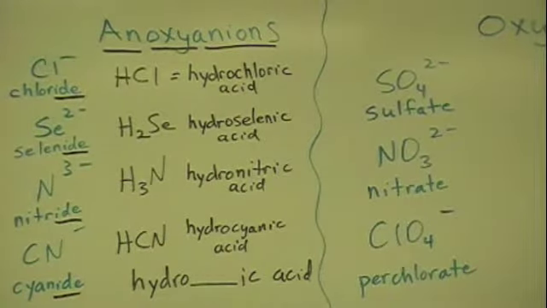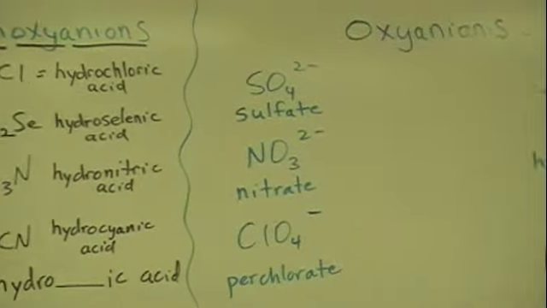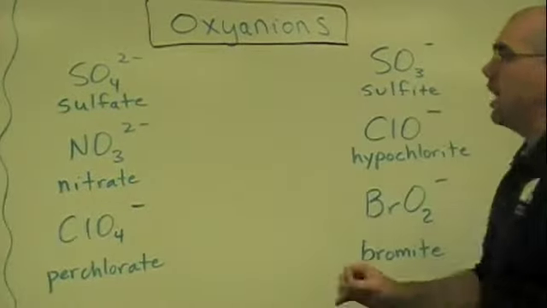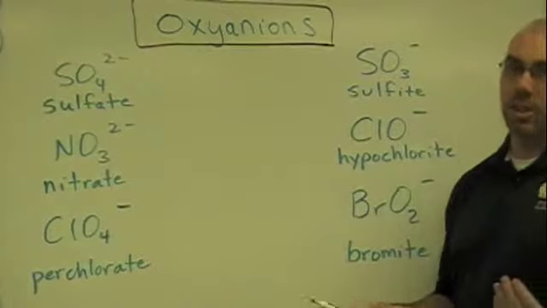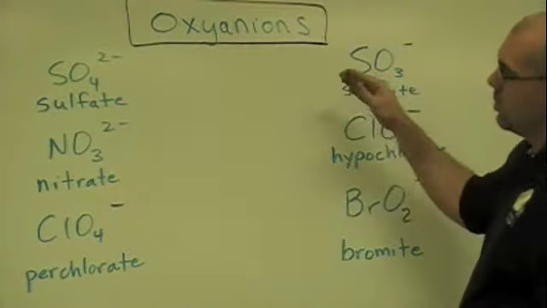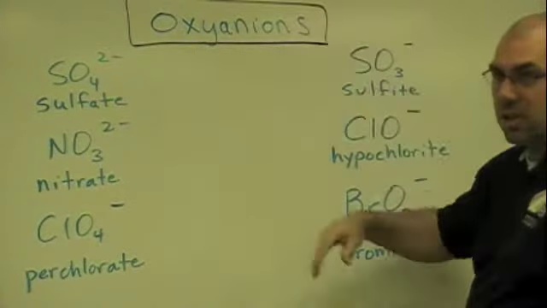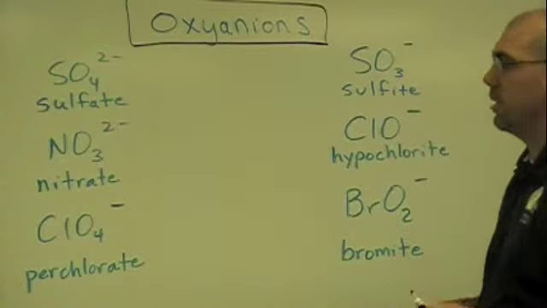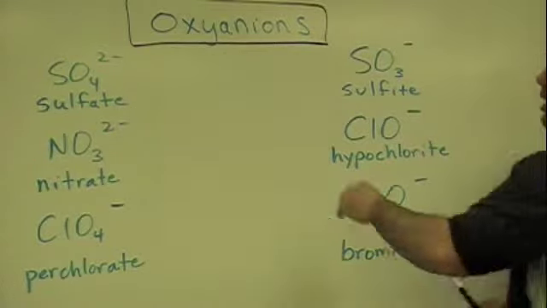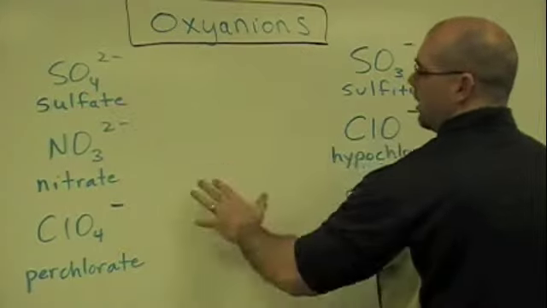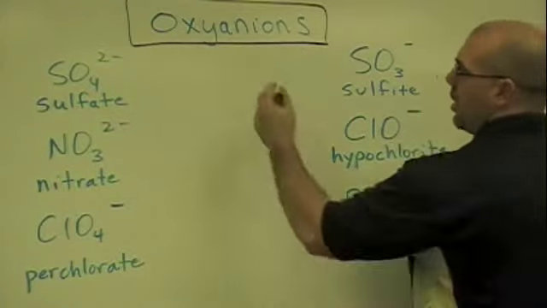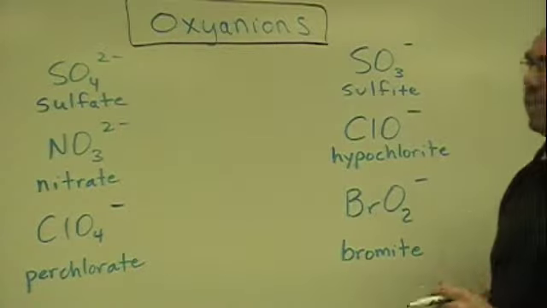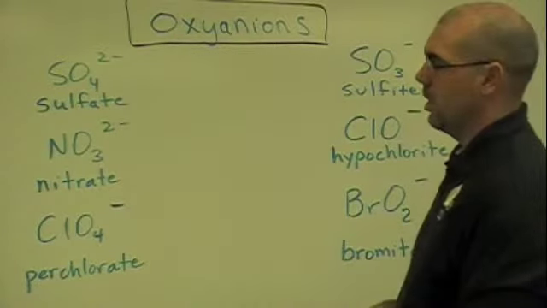Our next category, the overarching category, are the oxy-anions, which means they have oxygen in them. Now there are 2 categories, and you can see this on any list of polyatomic ions, like our polyatomic ion sheet we use in class. These polyatomic ions that you see on the board here all have oxygen in them. So they're oxy-anions, negative things with oxygen in them.